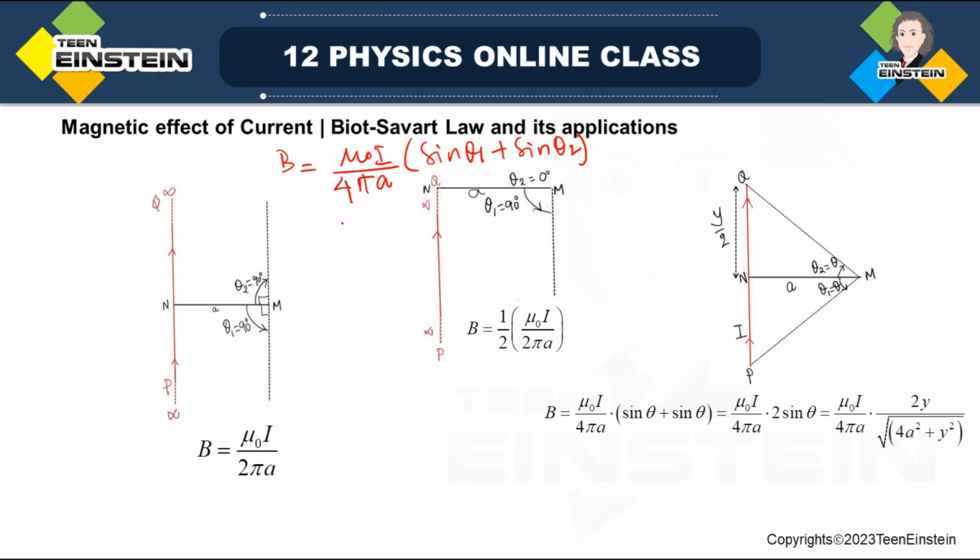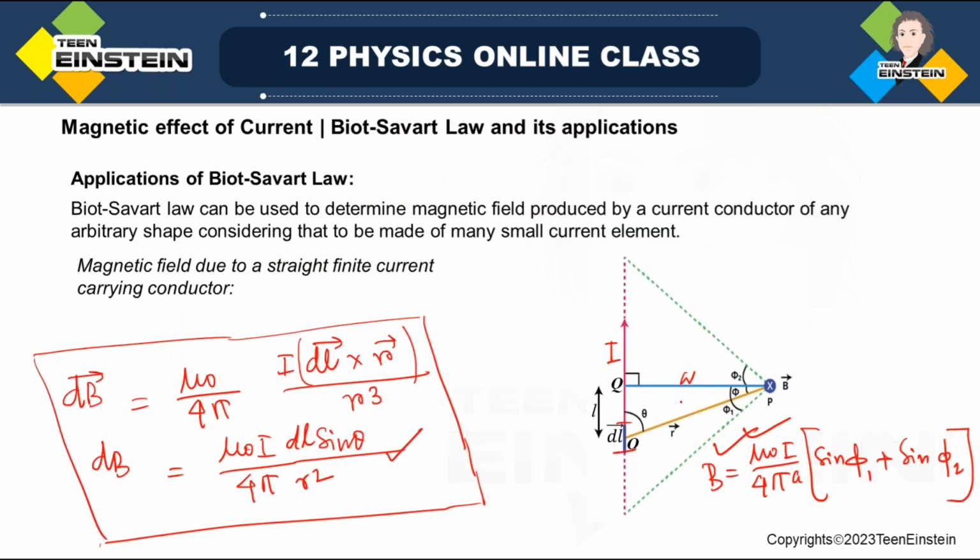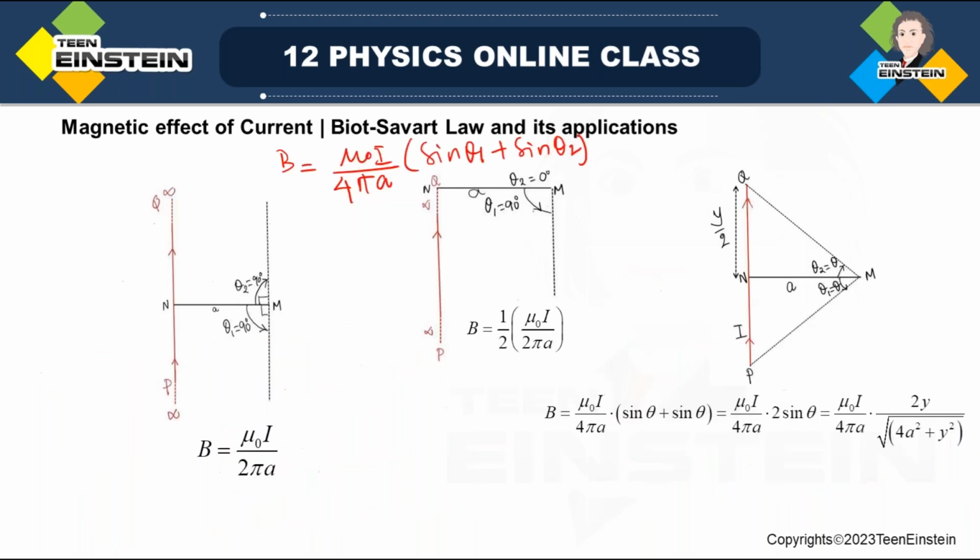The angles phi 1 and phi 2, or theta 1 and theta 2, whatever you say, are measured from this baseline, called the base or reference line. Upward direction will be positive phi 2, and this side we take negative phi 1. This is the calculation of angle.